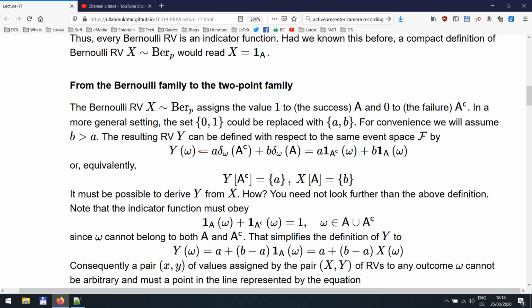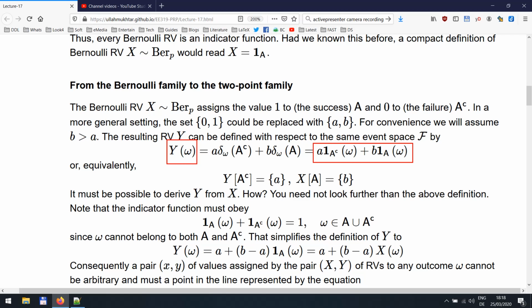So here is our definition. You should ignore this because this is an old typing. I have to fix this. So you only focus on this part, the right part. So our new random variable Y can be defined by using our new indicator function.